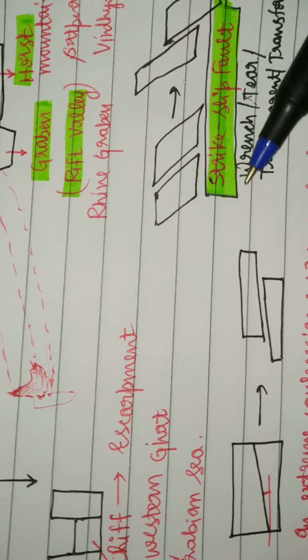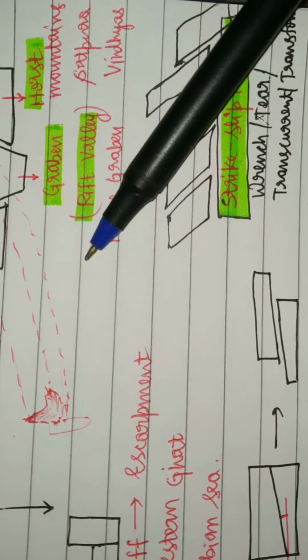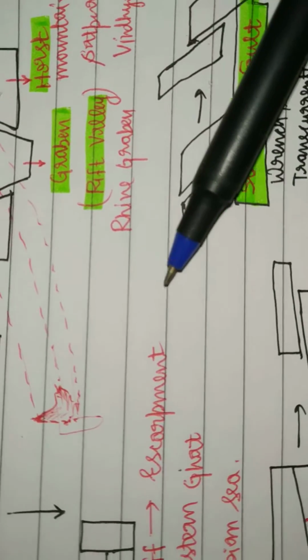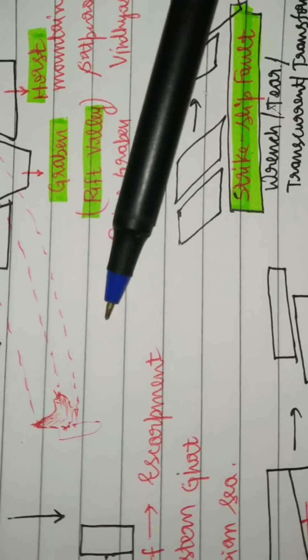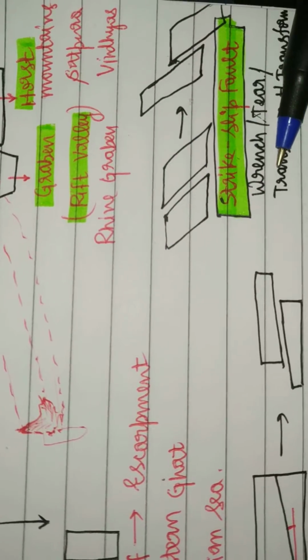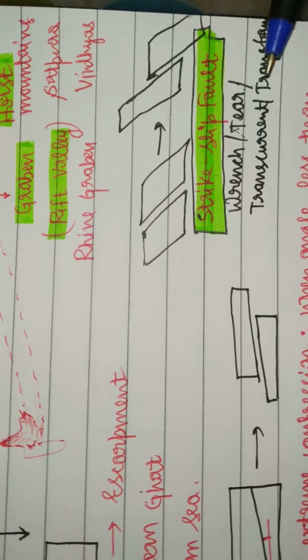Strike slip fault is another kind of fault where the movement is parallel, okay. Wrench, tear, transcurrent and transform are the other forms.